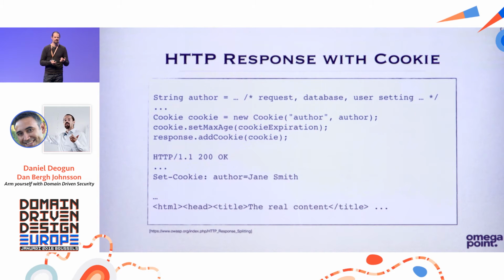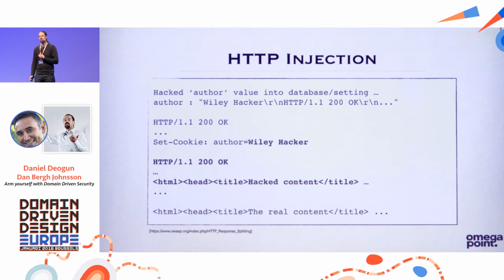What if I, as the evil hacker, manage to put another author into the database, into the setting, or in the response or in the session? For example, the author, while a hacker \r\n HTTP 1.1 200 OK, basically crafting my own HTTP response and putting that into the cookie.